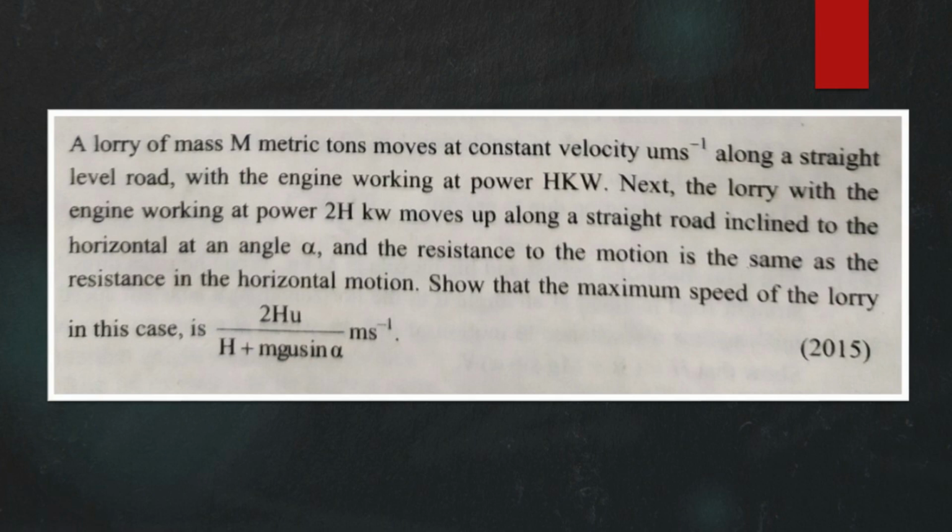Okay, the next example, the last example of this tutorial. A lorry of mass m metric tons moves at a constant velocity u along a straight level road, with the engine working at the power h kilowatt. Next, the lorry with the engine working at the power 2h moves up along a straight road inclined to the horizontal at the angle alpha, and the resistance to the motion is the same as the resistance of the horizontal motion.